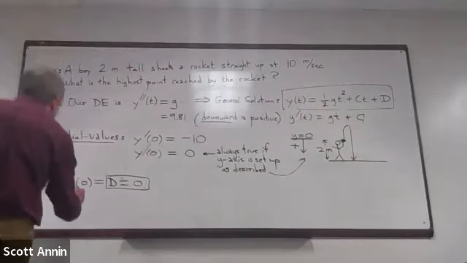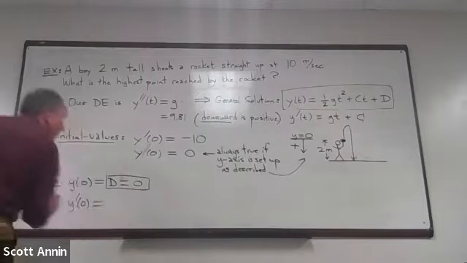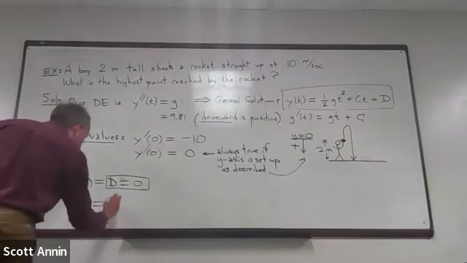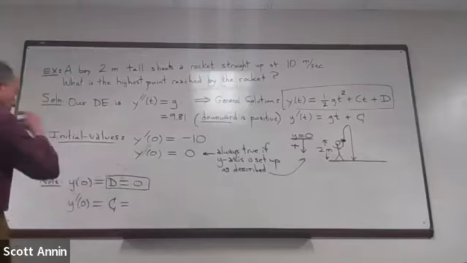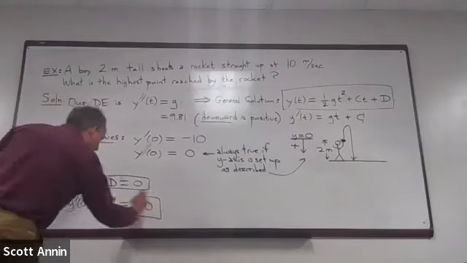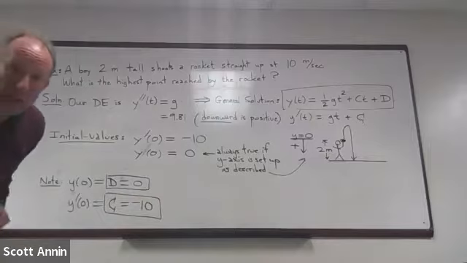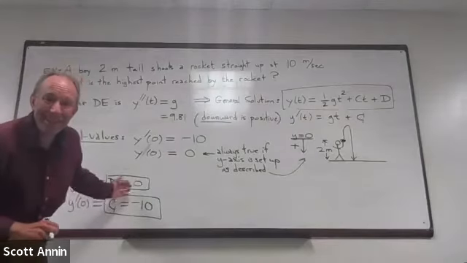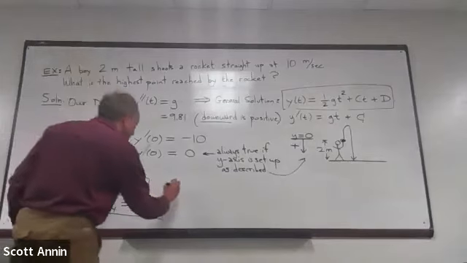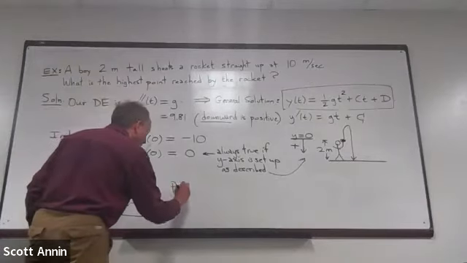If I plug in 0 for t into the derivative, I just get c. And we were given in this problem that that was equal to -10. So we solve for our constants by using the initial conditions. And so this gives us now our particular solution.